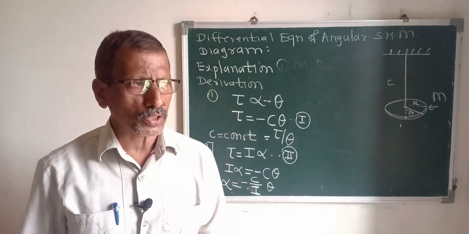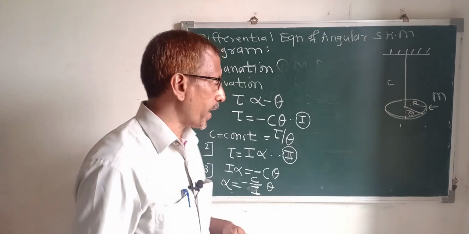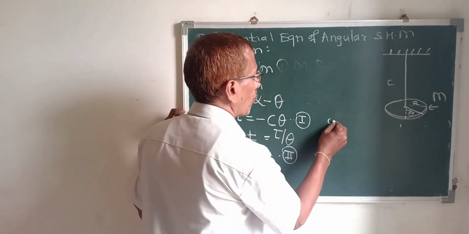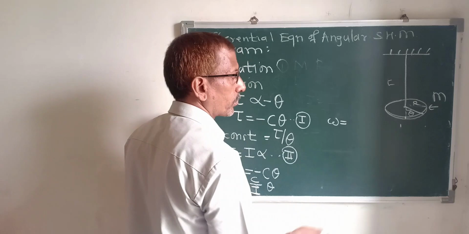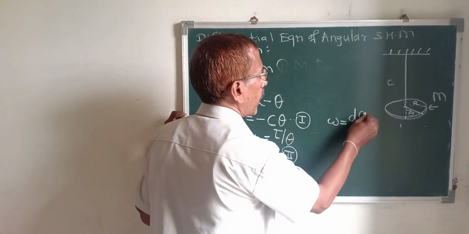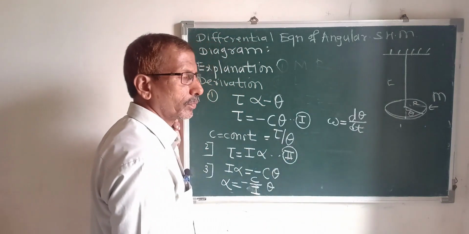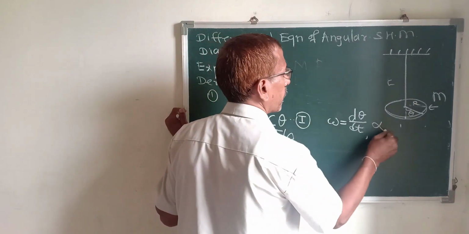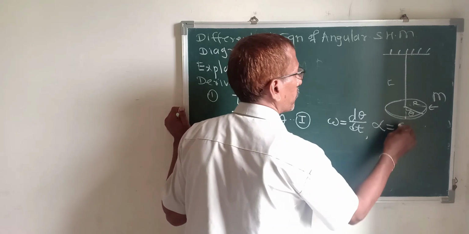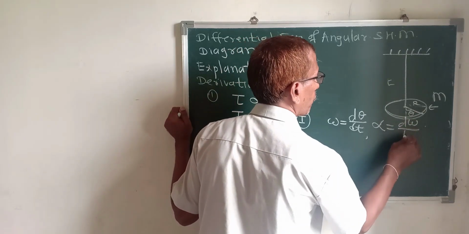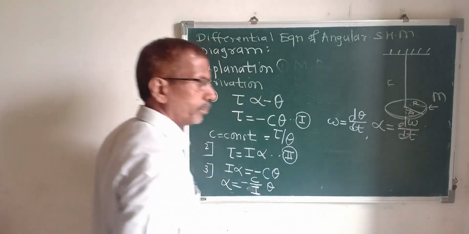Alpha is angular acceleration. We already defined omega, angular velocity, as the rate of change of angular displacement with respect to time. We also define angular acceleration as the rate of change of angular velocity with respect to time.